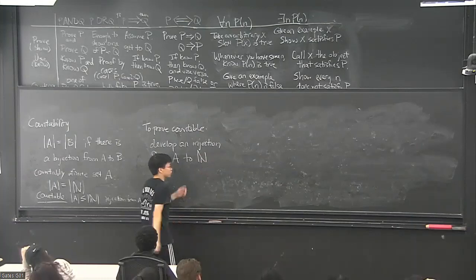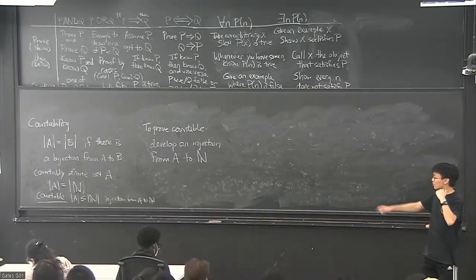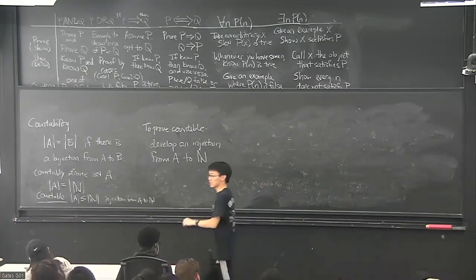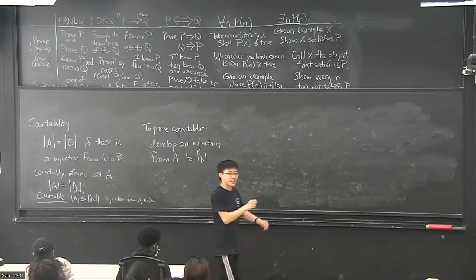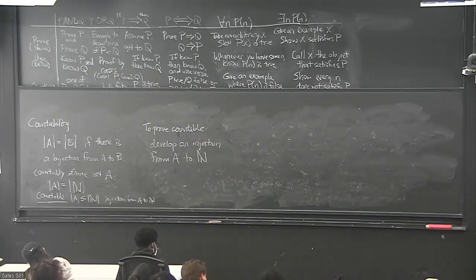In other words, to prove something is countable, you give an example of an injective function from your set A to the natural numbers. Intuitively, that says there is some way I can count off every element in A, and eventually, when I'm counting them off, I can reach every element.